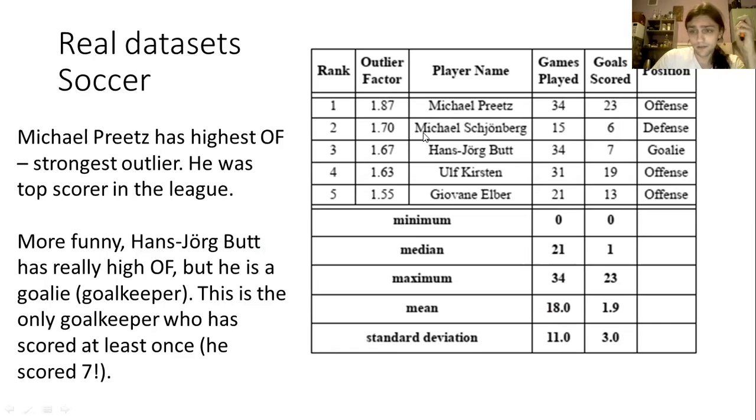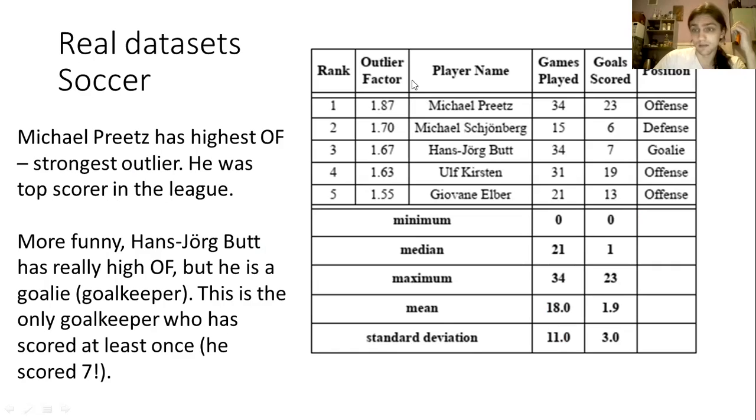After using our algorithm, we get some values of outlier factor. Look at rank 1. The outlier factor is 1.87. This player, Michael Preetz, is the strongest outlier in this table. He was the top scorer in the league.